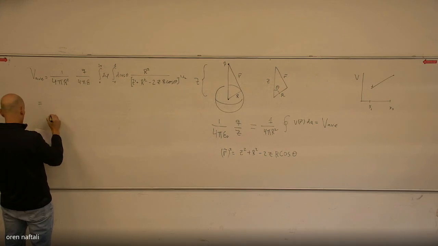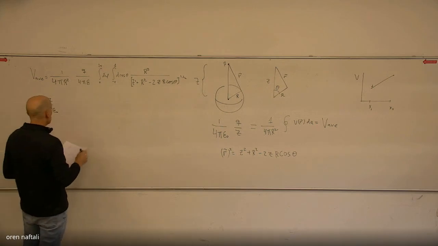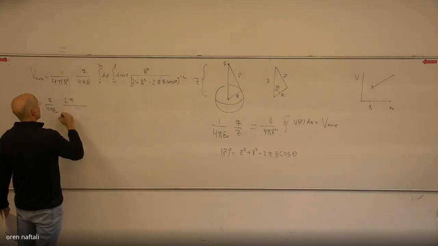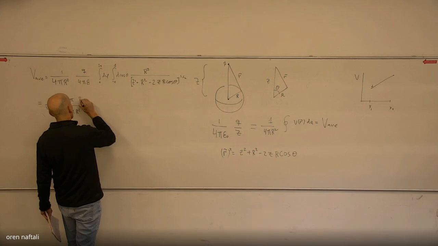This is equal to q over 4 pi epsilon 0. And from d phi I have 2 pi. From here I have 4 pi r squared. From this r squared I have r squared.